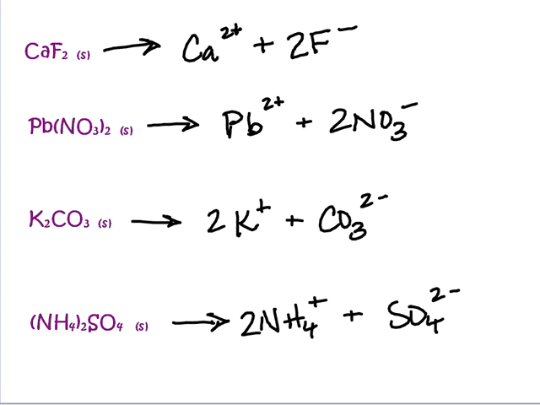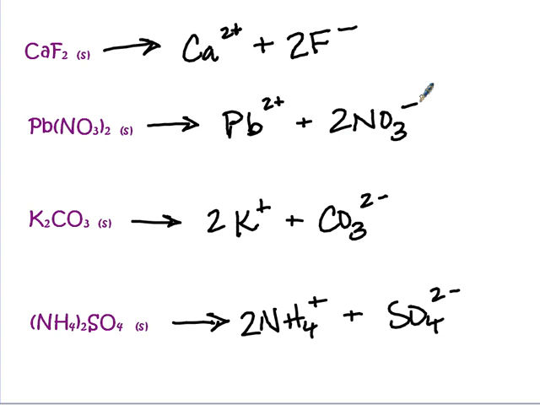Some of the issues that may have arisen during this, let's take the lead nitrate over here, is to try to figure out which charge the lead would be. Well, lead has more than one charge. It could be +2 or it could be +4. Maybe you saw that on your ion chart and had that question. How do I know which charge it is, +2 or +4? Well, that we have to go to the anion, right?